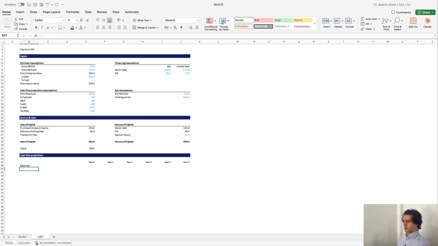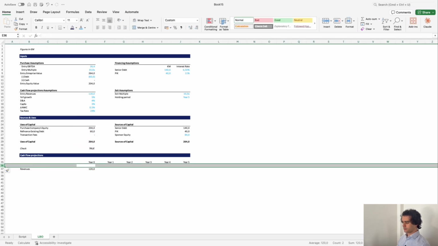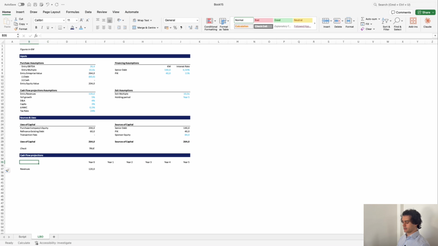Then we have our revenues. So we said that revenues are 120 million at year 0, and we also have a year-over-year revenue growth of 5%.